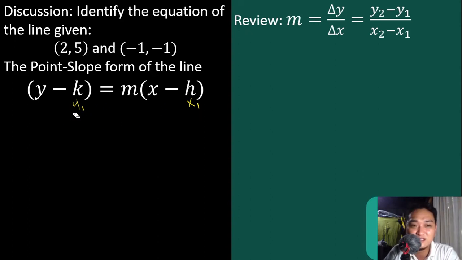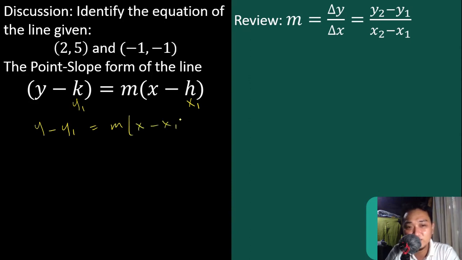We could also translate our point slope form of the line like y minus y sub 1 is equivalent to m times x minus x sub 1. Now, ang reason ko lang kung bakit hindi natin to ginagamit, kasi baka mapagkamalan yung para sa slope yan.